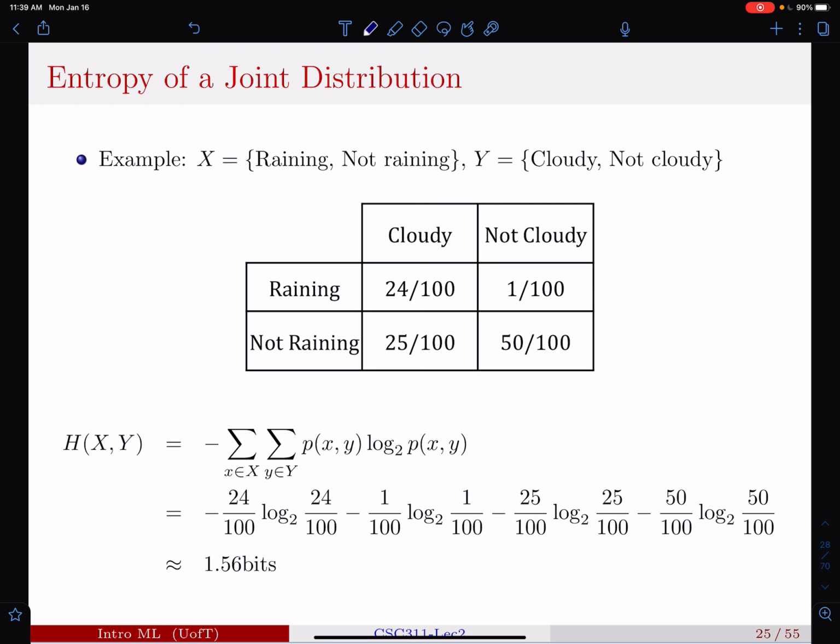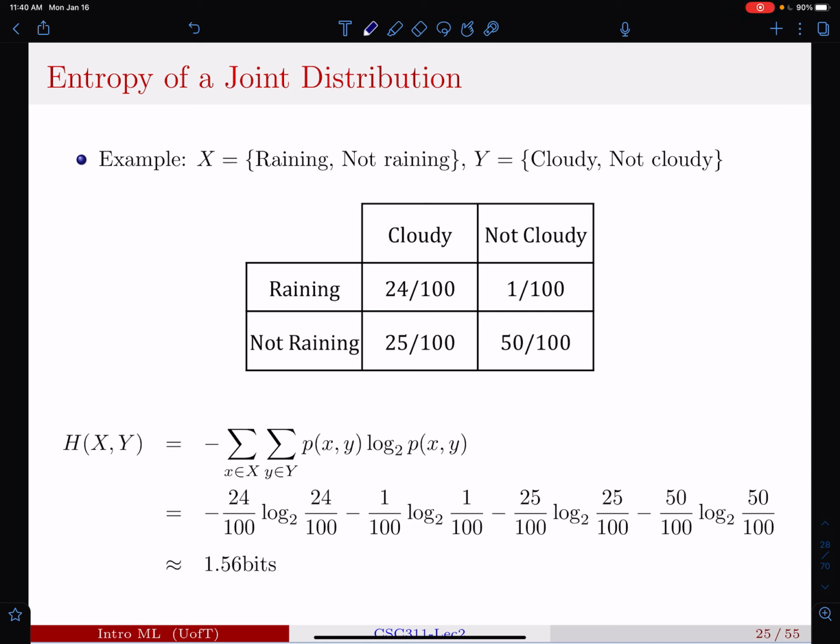To be a bit more concrete, let's focus on this particular example where we have a joint distribution of whether or not it's cloudy and whether or not it's raining. You can imagine various probability distributions here. We can evaluate the entropy of a joint distribution as well with the same sort of definition we had before.